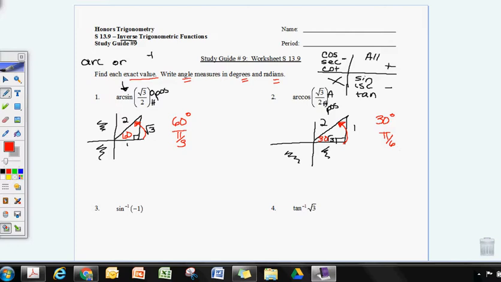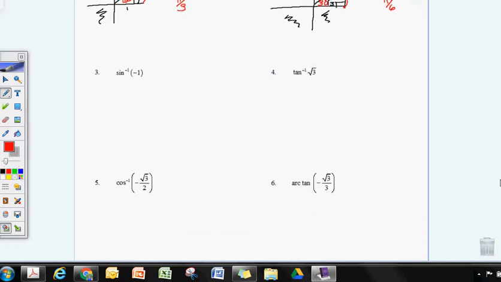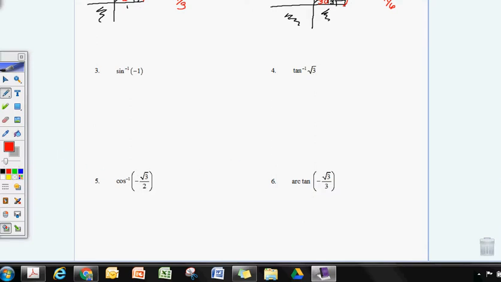Okay, so continuing on. Now it's got a sine inverse, but it's written -1, which means the same thing. Sine is either found in quadrants 1 or 4. This is negative, so we're going to build our triangle in quadrant 4.